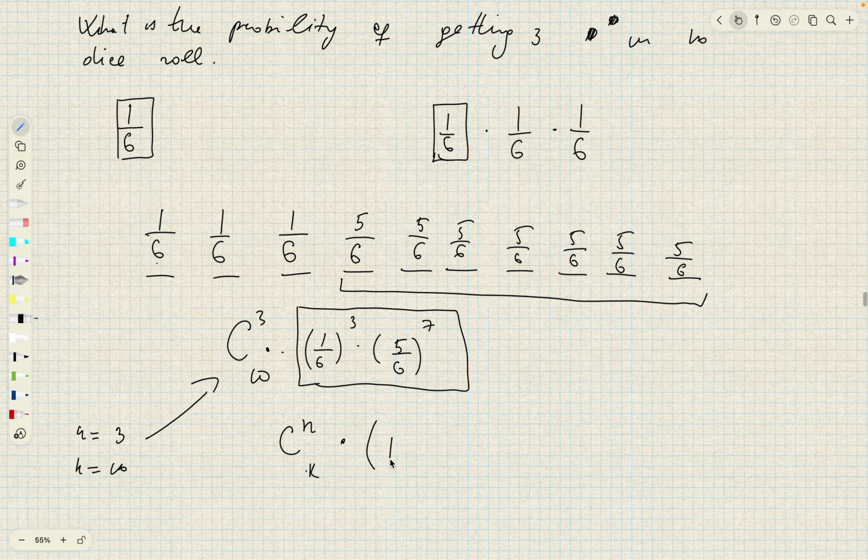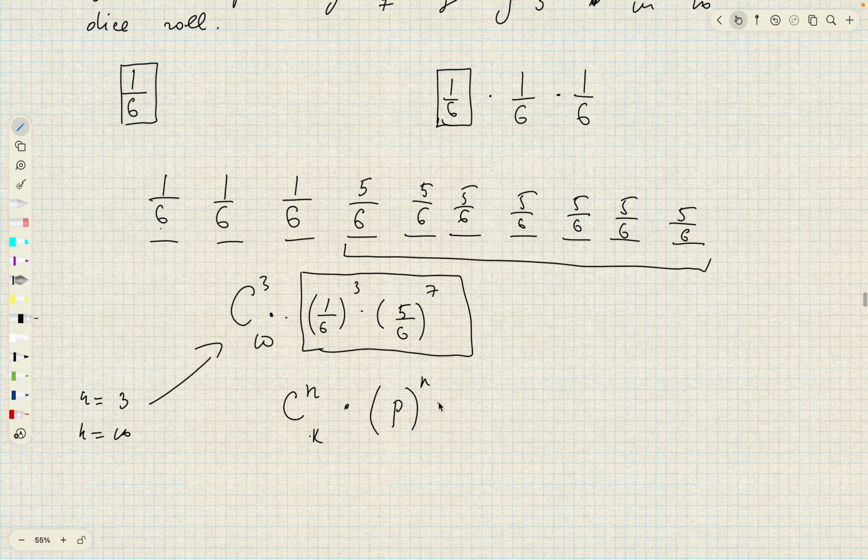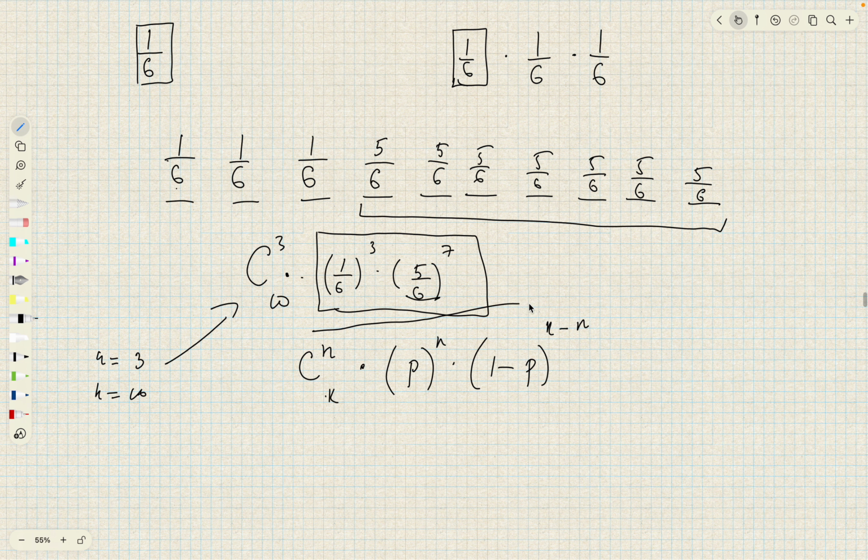It's simply P to the power n multiplied by 1 minus P to the power k minus n. Okay, we calculated this probability.